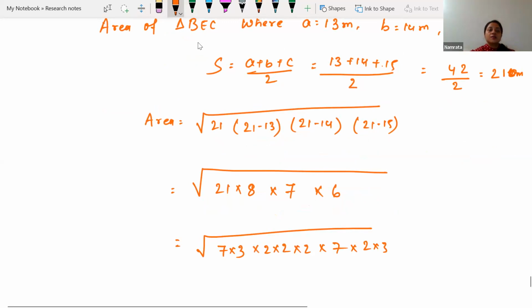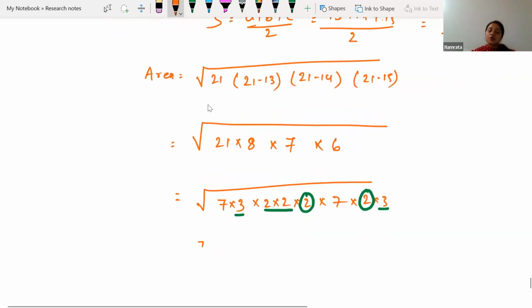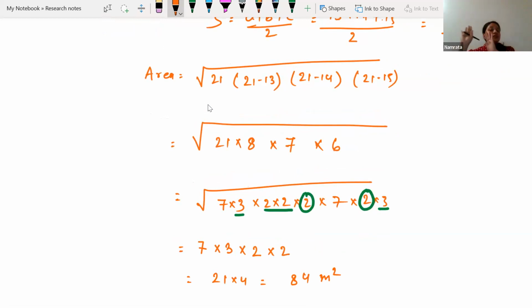So here I can see this 2 is in pair and this 2 is with this 2. So we got 2 pairs of 2. We got 3 also in pair. We got 7 also in pair. Let's write all of them very carefully. So 7 is in pair, 13 is in pair, 12 is in pair, and then another 2 is also in pair. Okay. 21 into 4, 84 meter square is the area of that triangle.